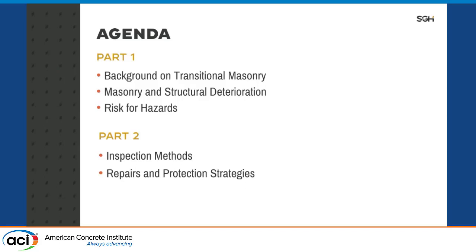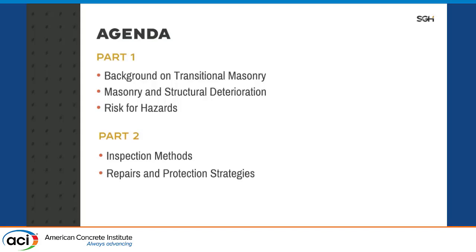This is our agenda for today. Given that the topic is wide, we have divided this presentation in two parts. The first part, which I'm going to be giving, is going to be on the problem. I'm going to provide a background on transitional masonry, how transitional masonry building facades deteriorate, and what are the hazards that masonry can cause.